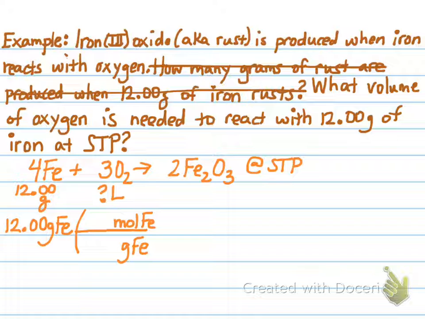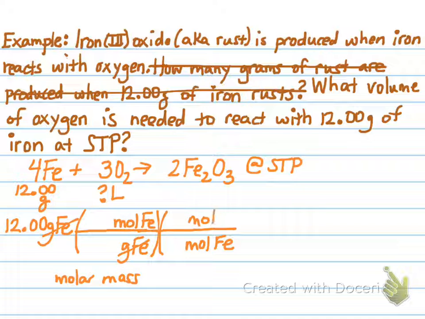And I do, right? The name of that tool is molar mass. So now I'm in moles of iron, which have to go on the bottom. This time I want to convert that to moles of oxygen, so that's going to go on the top.